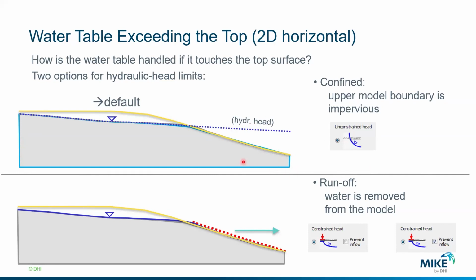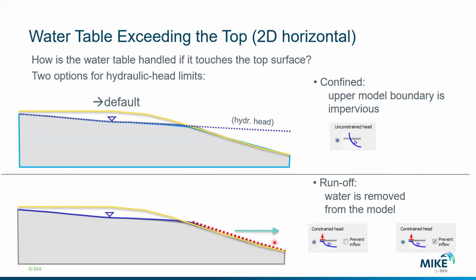So nothing special. The second option is called constrained head. Constrained head means that the water table will be capped with a reference or with a threshold of the topography, the line in yellow. So the phreatic surface will exactly follow the elevation of the topography. How do we do that?